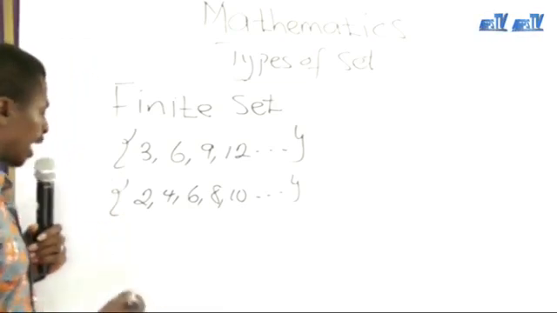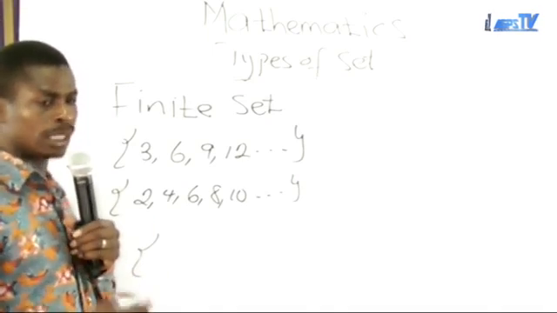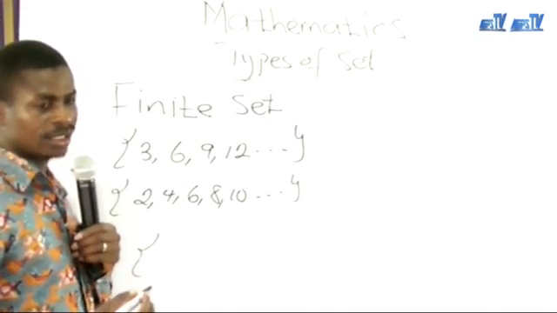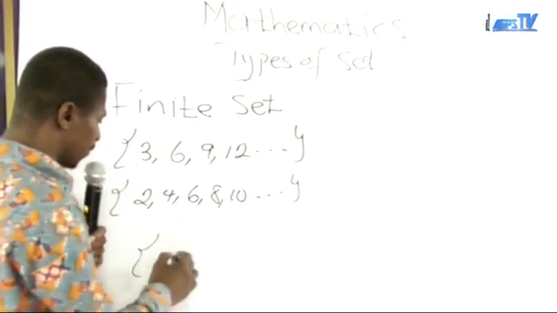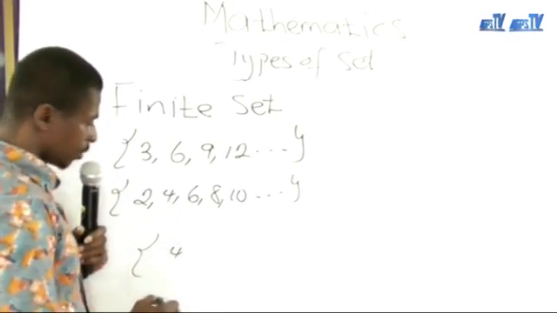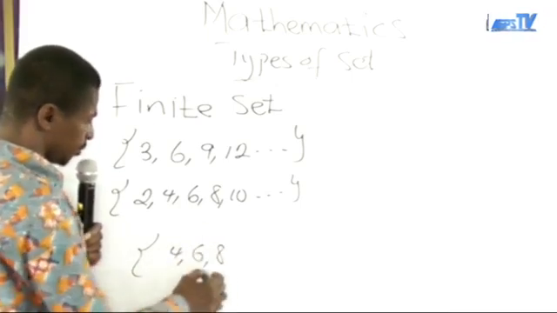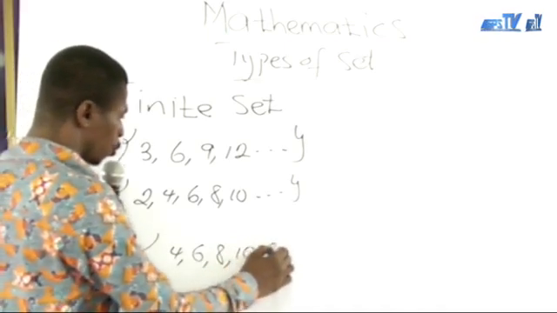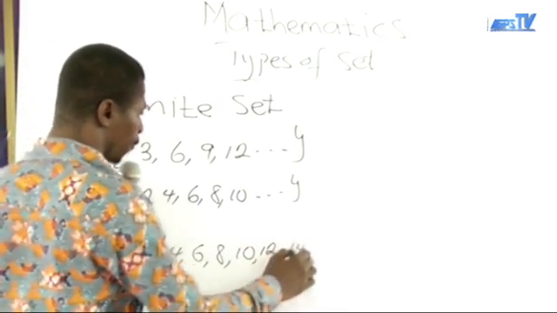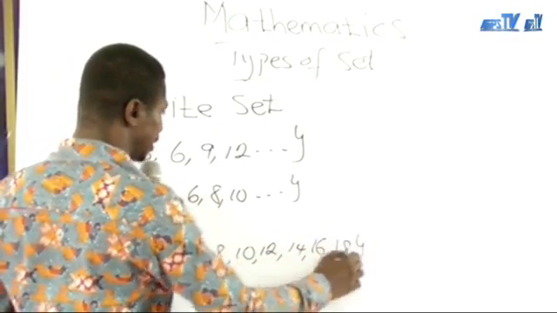So if you want to write the set of even numbers between 2 and 20, and you are supposed to write them, then you are going to have 4, 6, 8, 10, 12, 14, 16, and then 18.